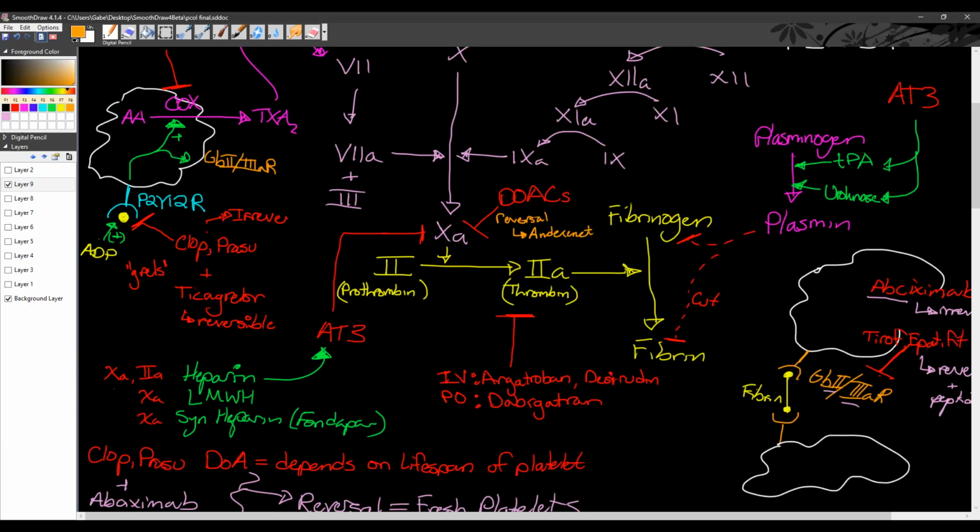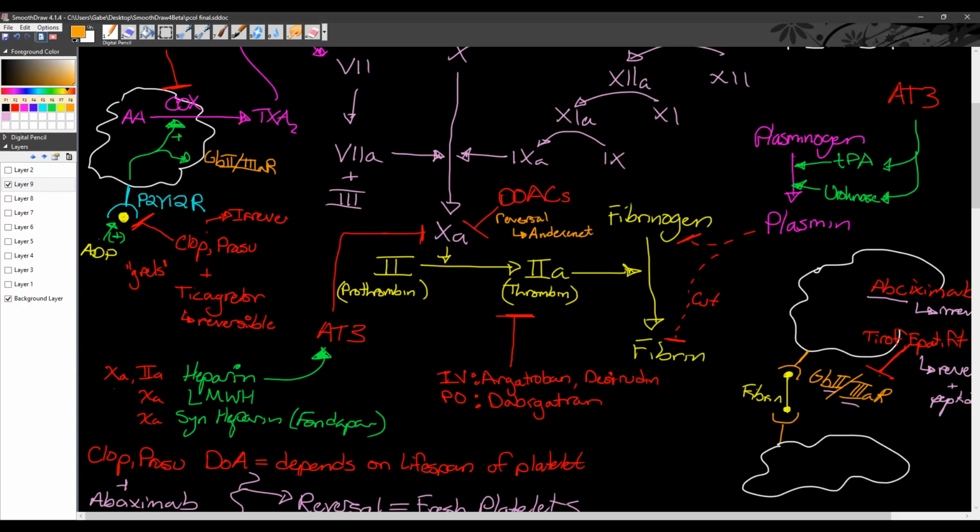Kind of a couple of big ones. That's really all I want to say for that for now. Yes. Yep. Sorry. I should say that. Apixaban and rivaroxaban are the ones covered by andexanet. Yep. Which is funny because the more common one is apixaban, but it doesn't have a reversal.